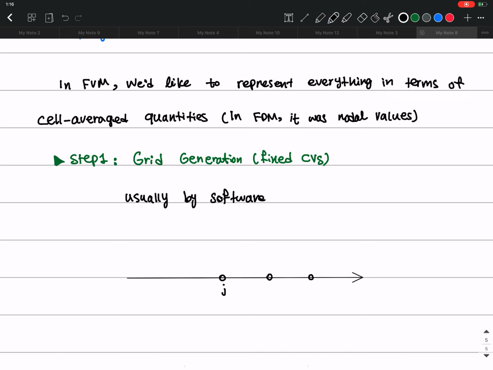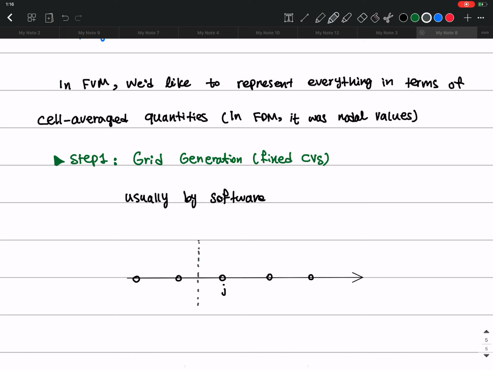These are the cell centers. These are the centers of the cell, and this is going to be the cell that we are considering, or control volume. This is just one dimensional.